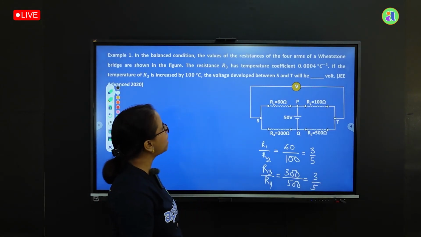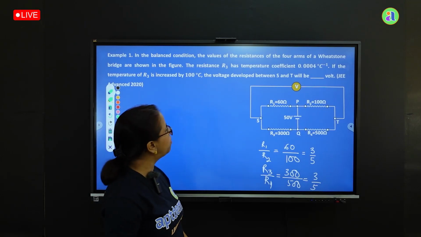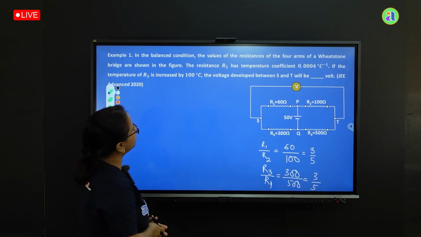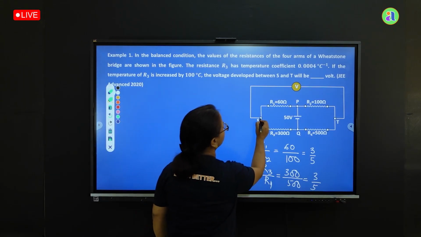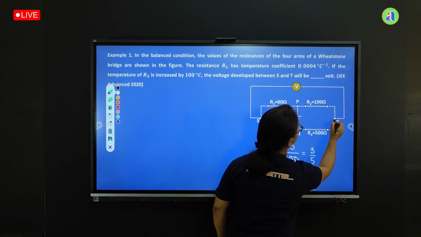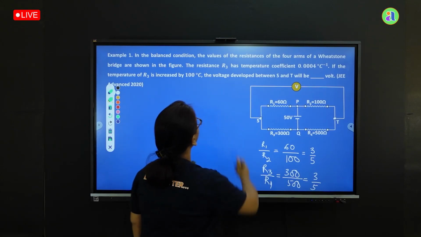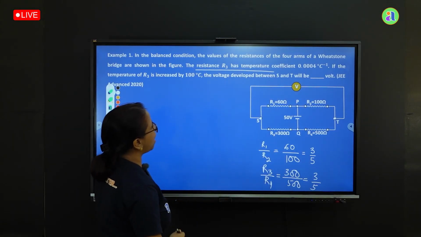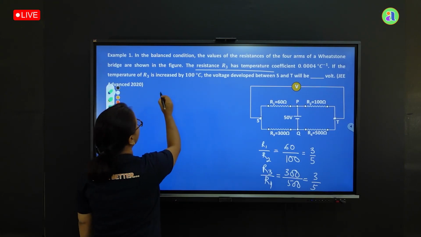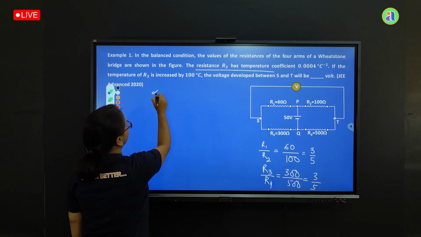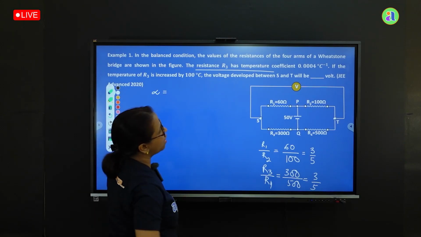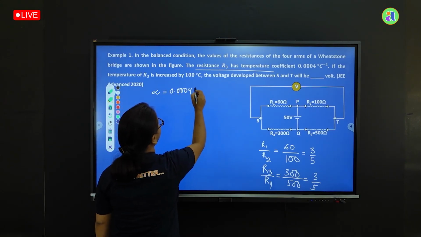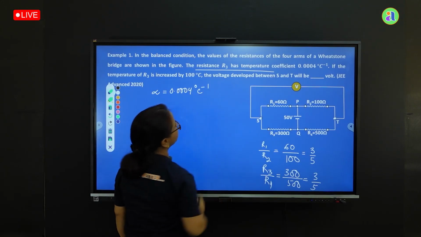Now keeping in mind the balanced position of the bridge, we need to find out the potential difference between the points or terminals S and T. Looking at the resistance R3, you can see that it has a temperature coefficient indicated by the letter alpha, and alpha is equal to 0.0004 per degree Celsius.